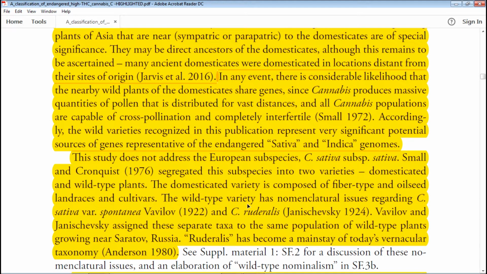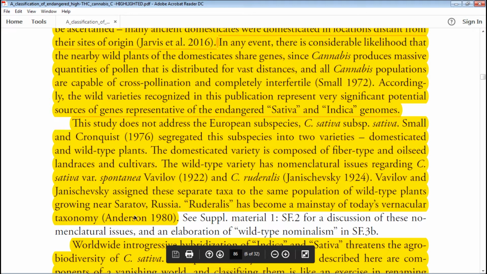The wild-type variety has collateral issues regarding Cannabis sativa variation spontanea, Vavilov, 1922, and Cannabis ruderalis, Janischewski, 1924. Vavilov and Janischewski assigned these separate taxa to the same population of wild-type plants grown near Saratov, Russia. Ruderalis has become a mainstay of today's vernacular taxonomy.